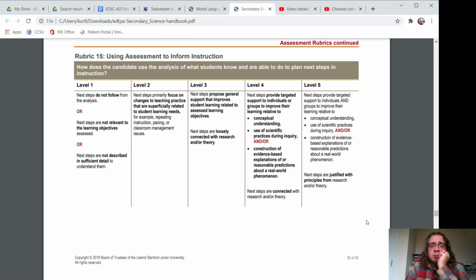So save the videos, put them in a good place, come back to them. This is just an overview to help you out. Obviously, more content-specific help is needed, but this is to help you get to the overall patterns of what to write about, how to plan, and how to view the rubrics in a clearer way, so that you have a good sense of what you need to do.